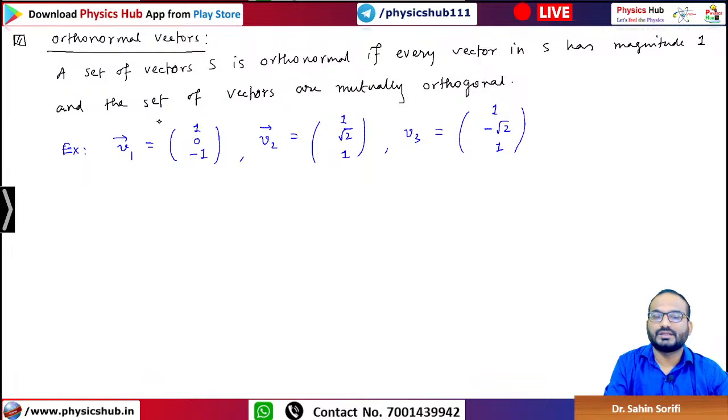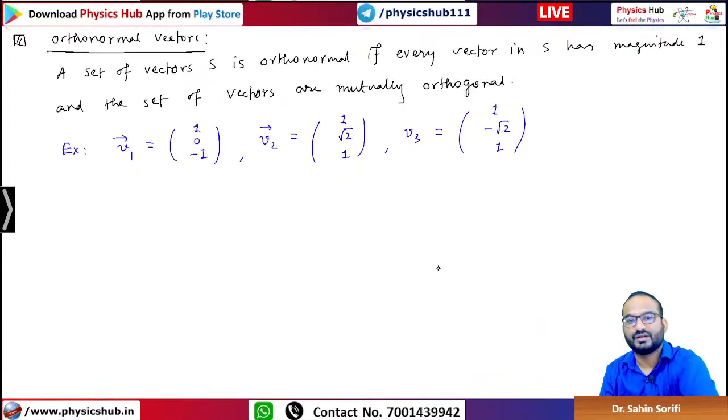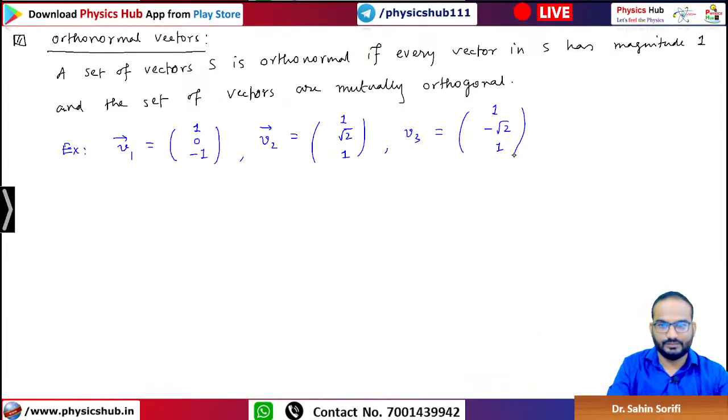So the set of vectors are mutually orthogonal, which we have already seen. Now let's check whether they are normalized or not. Obviously they are not normalized. If you take the square root of 1 square plus 0 square plus minus 1 square, that is not 1. v2 is also not equal to 1.